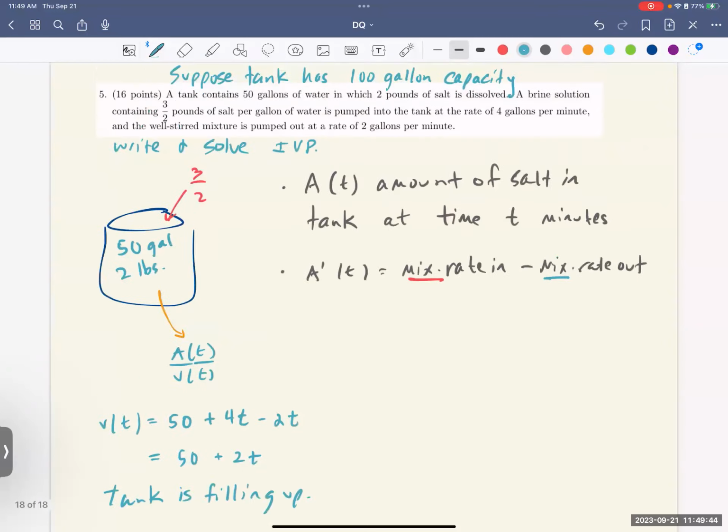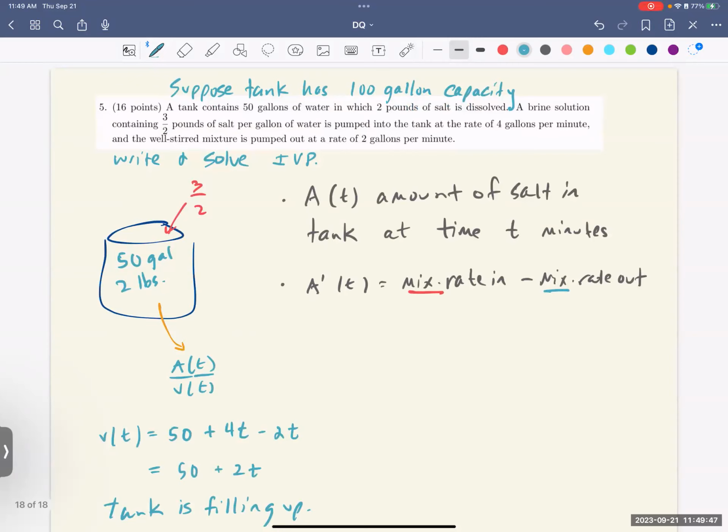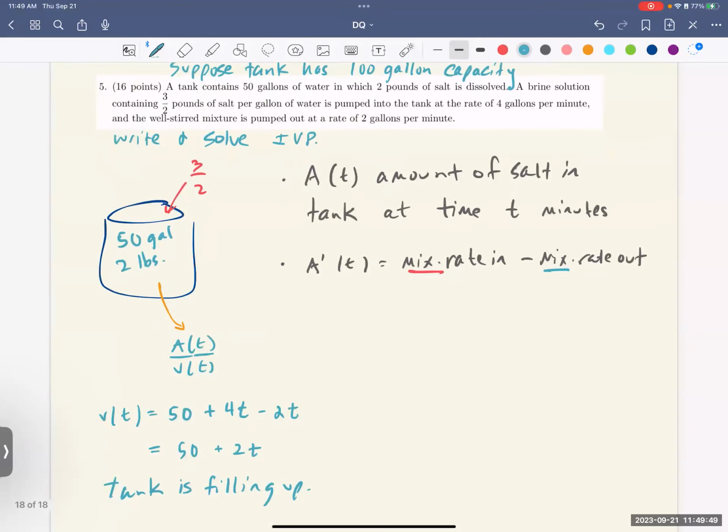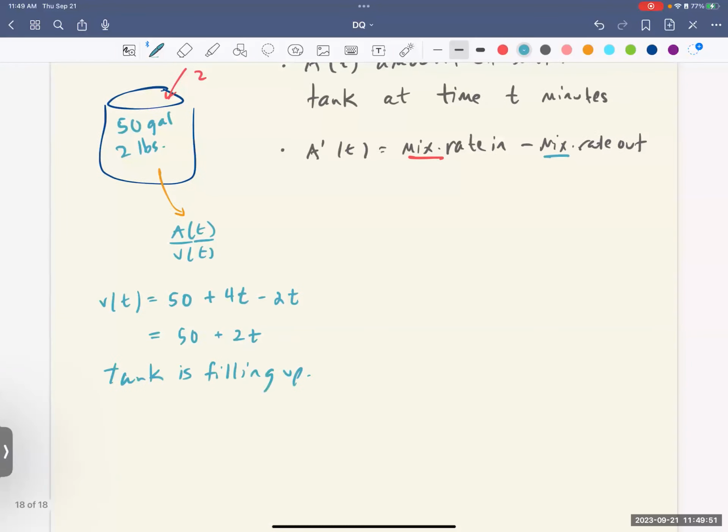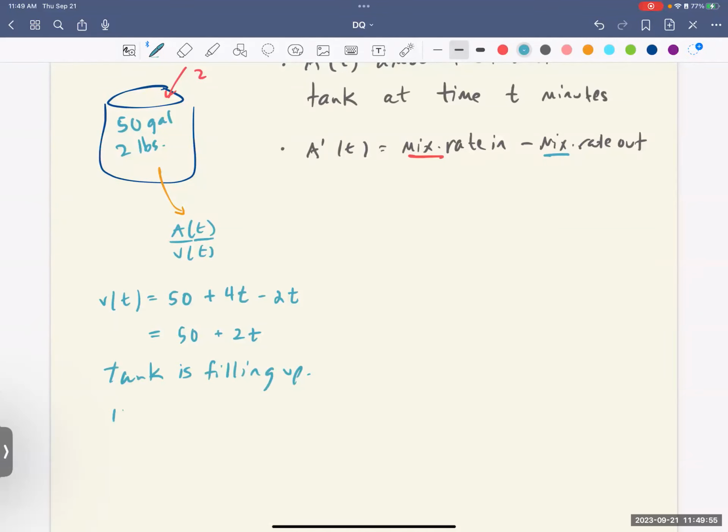And then the question is at what time will the tank be full? If it holds 100 gallons, it already has 50, and it's filling up at 2 gallons per minute, then we would have 100 gallons equals 50 plus 2t. If we solve this, it'll tell us what time the tank is full, and that would be when t is 25 minutes.